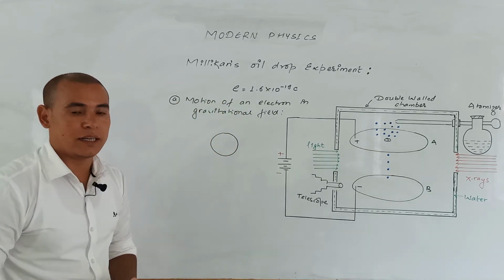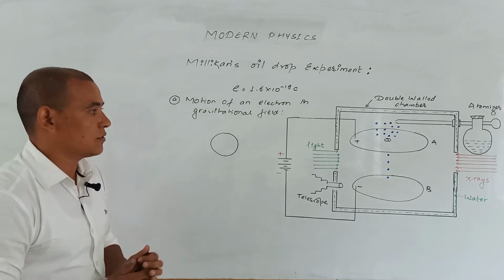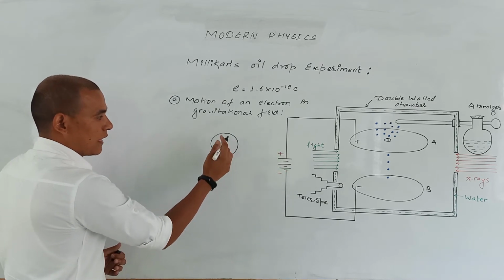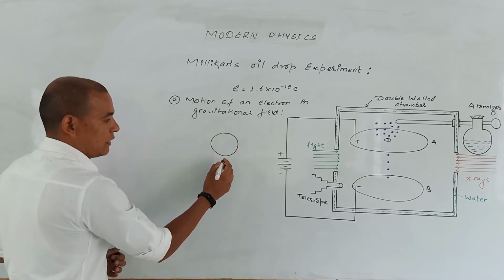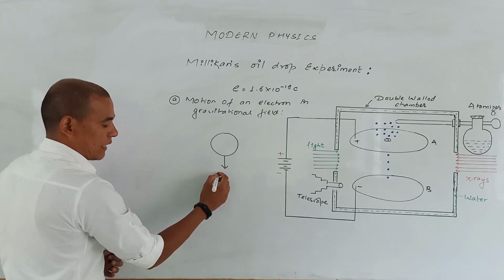We have already discussed this in class 11 in Stokes law. So what happens when our oil drop moves under the action of gravitational field? There will be three forces acting on that oil drop.